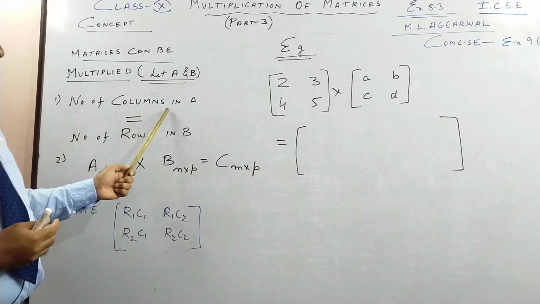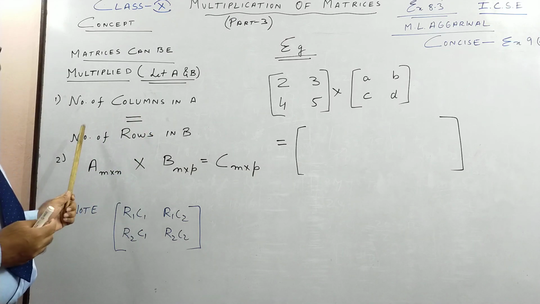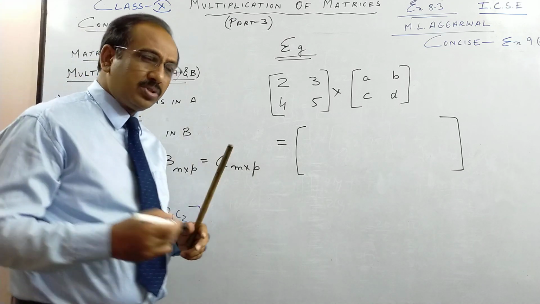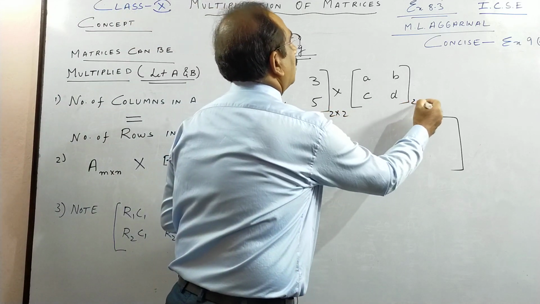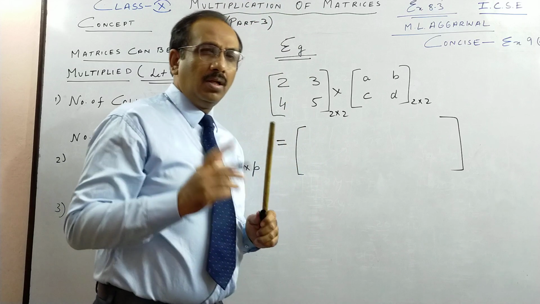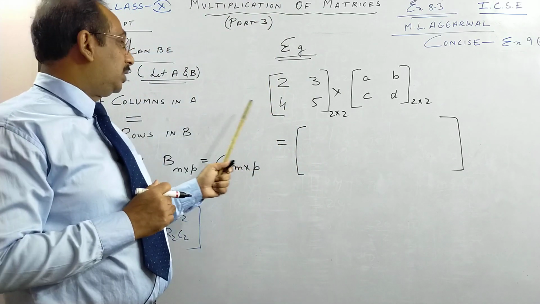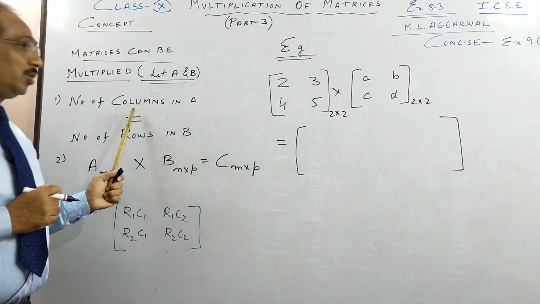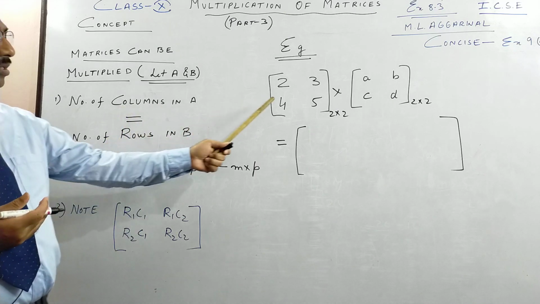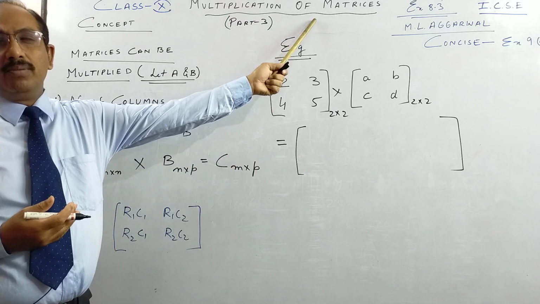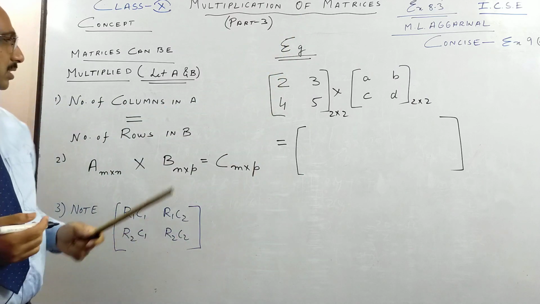If the number of columns in A is equal to the number of rows in B, and if you see my earlier video, especially part 1 of matrices, there I have taught you what you mean by the order of a matrix. Matrix is singular, but when you have many, we call them matrices.